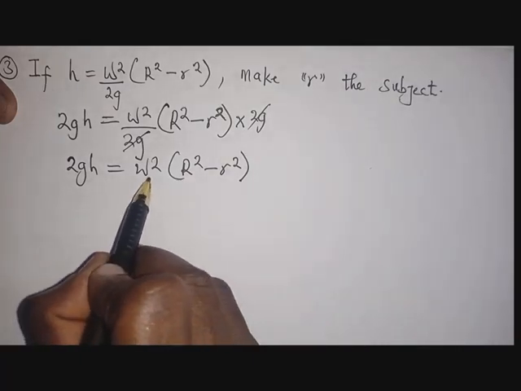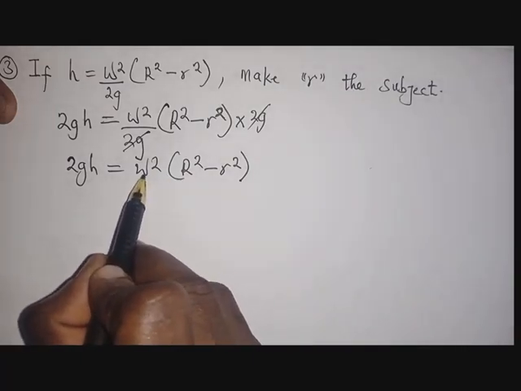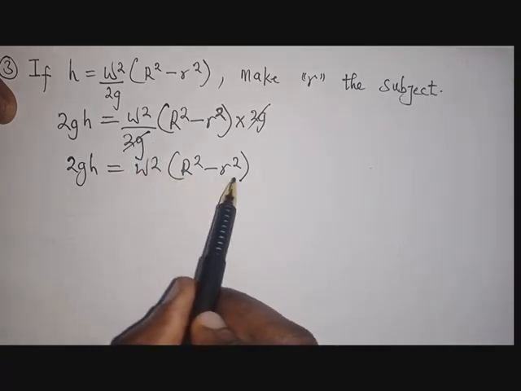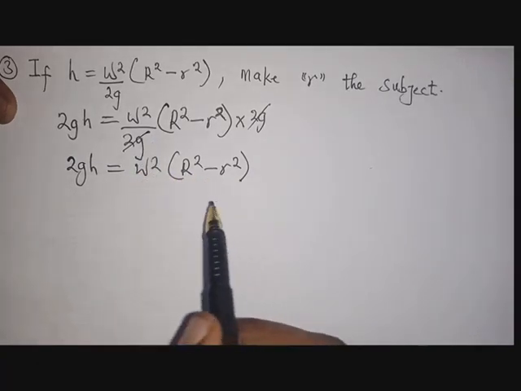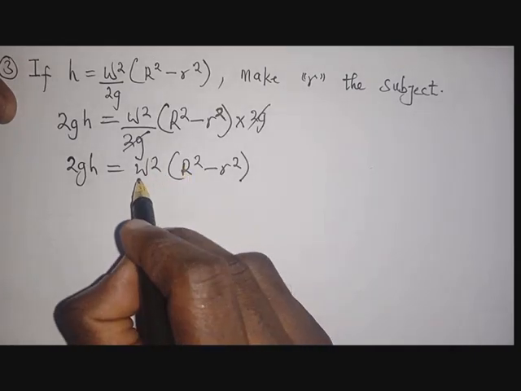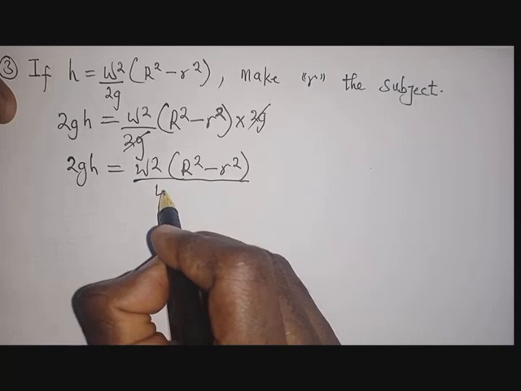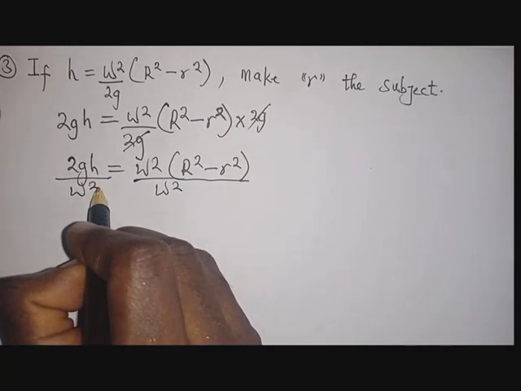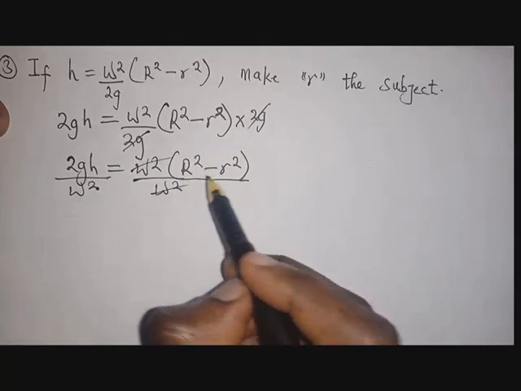Now the next thing is we need to take off w squared. The connection between w squared and this in brackets is simply multiplication. So I need to divide through by what I don't want, which is w squared, both sides. Now this goes off.